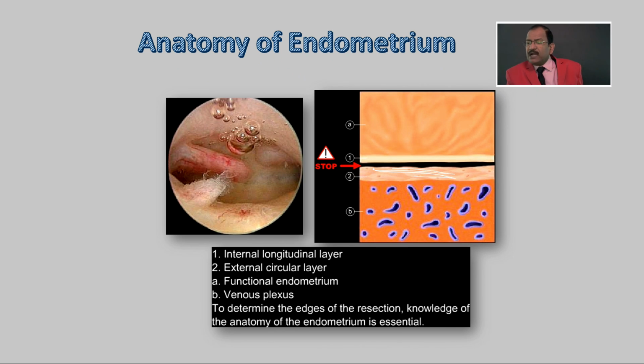If you breach the outer circular layer, you will enter into the venous plexus, and then serious bleeding starts. And once the bleeding starts, what will you do? You will increase the pressure to stop the bleeding, and this venous plexus will now start taking the intravasation.